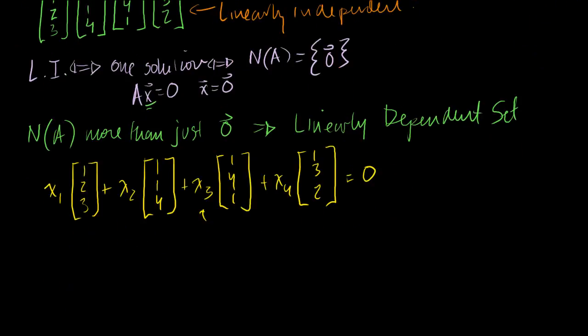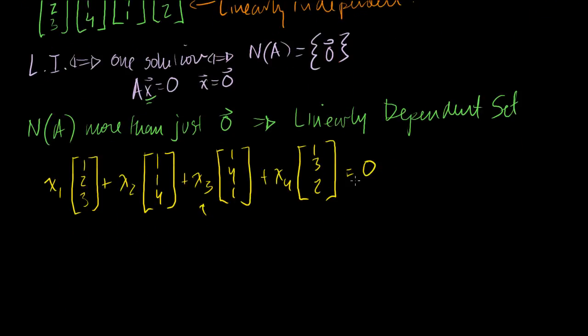So let's say I want to solve for x4. Let me set x3 equal to 0. It was a free variable, so I can do that. If x3 equals 0, this guy disappears.